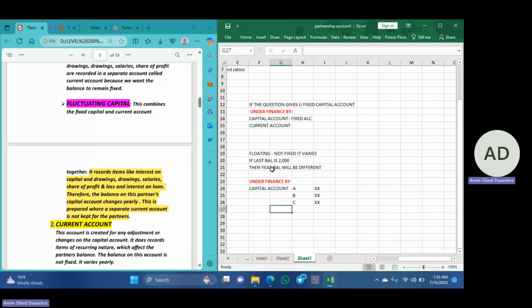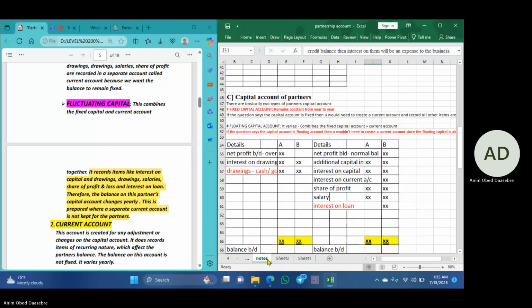But if the question gives you floating capital accounts, you only record the capital account, and that capital account that you write represents the floating accounts, because the floating account will change. The balance of the capital accounts will change. Last year's will be different from this year's. So guys, this is the difference between the two capital accounts.